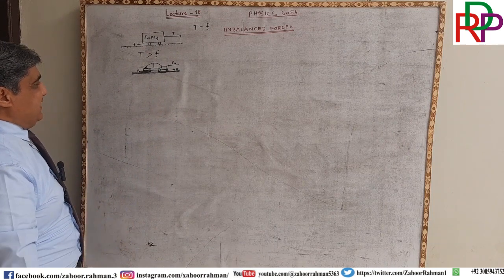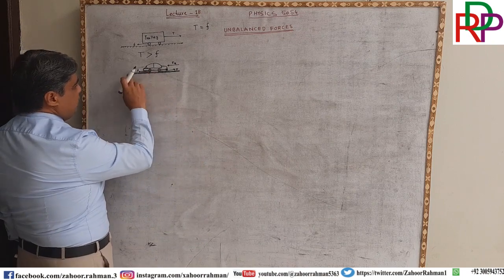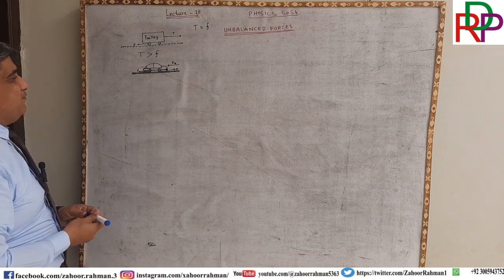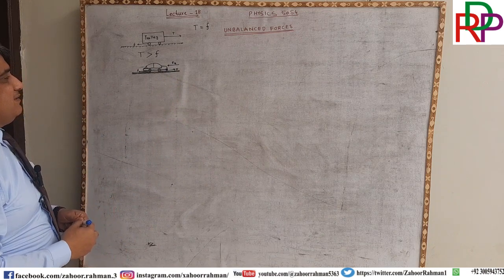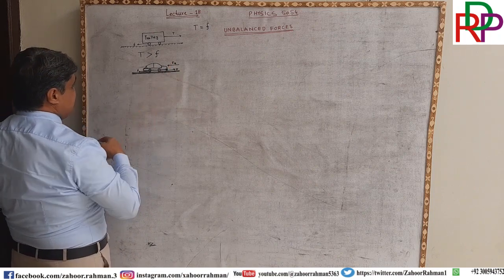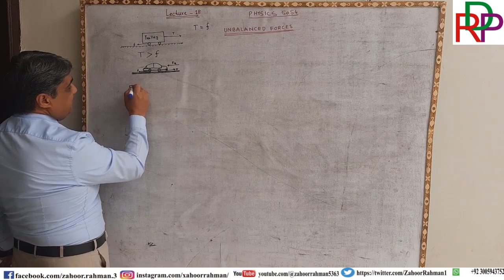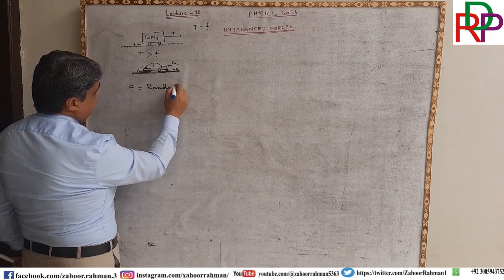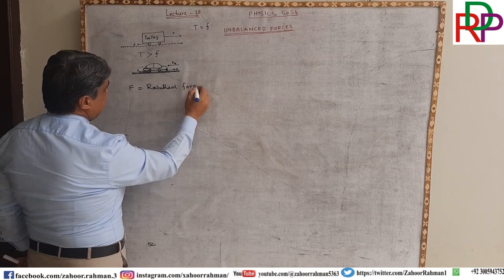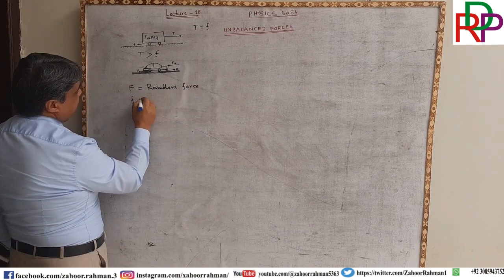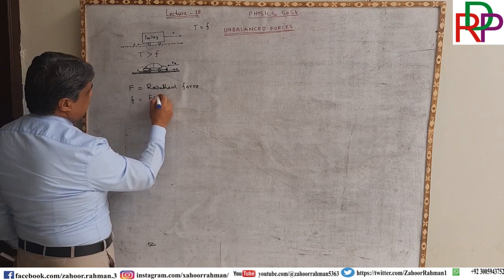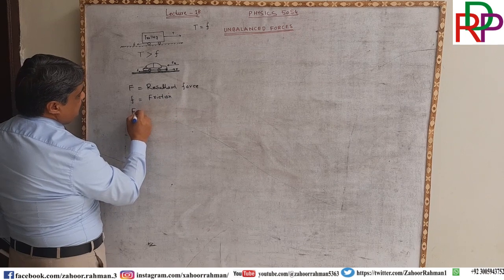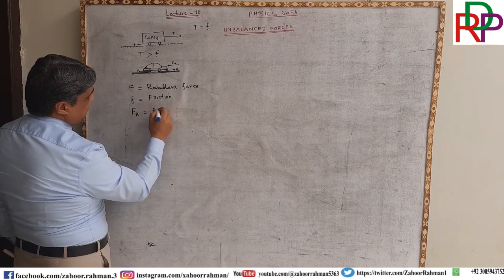Now, in the second example, there is a car moving on the road. The tires provide the forward force. There is air resistance. Capital F means resultant force, small f means friction, and Fr means air resistance.